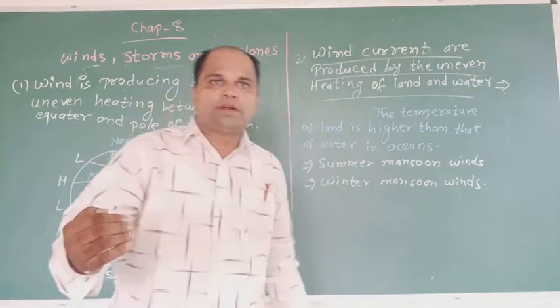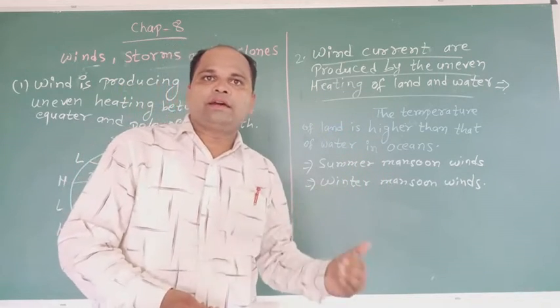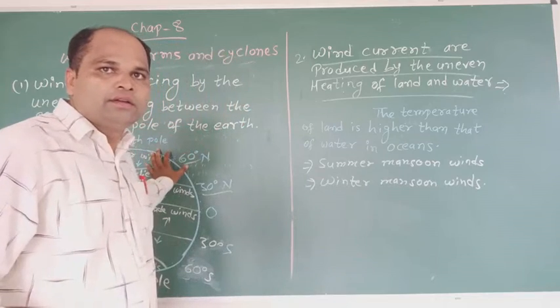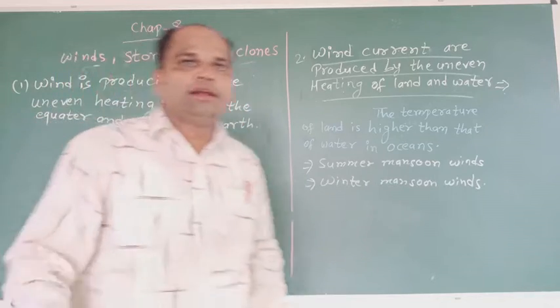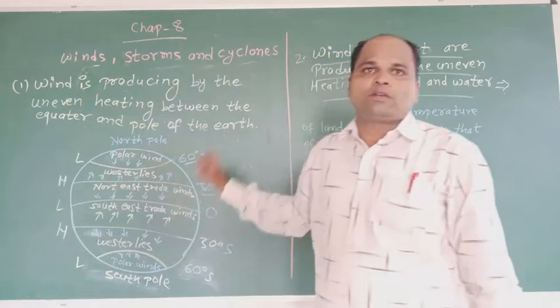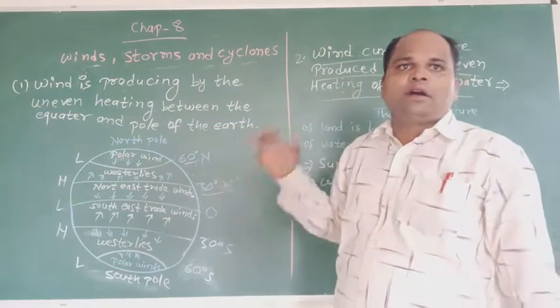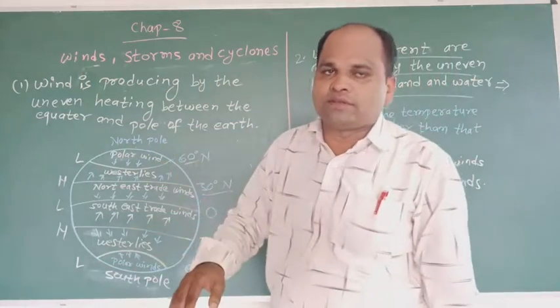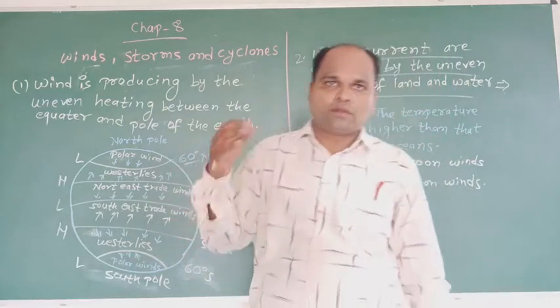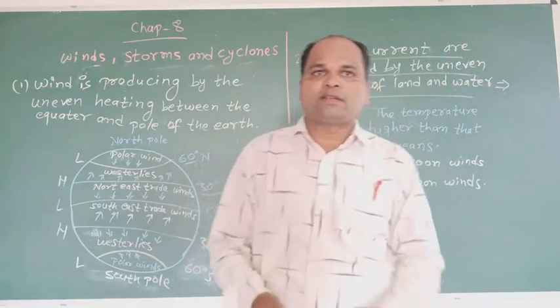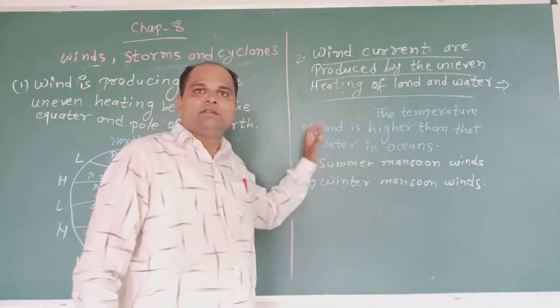So in summer, land near the equator of the earth heats faster than the water in oceans, okay.